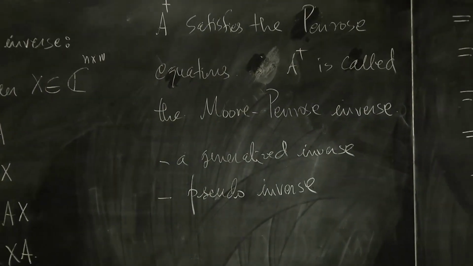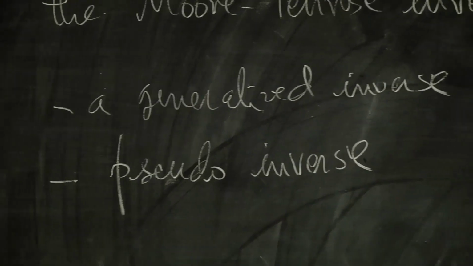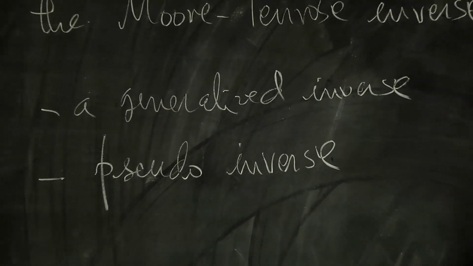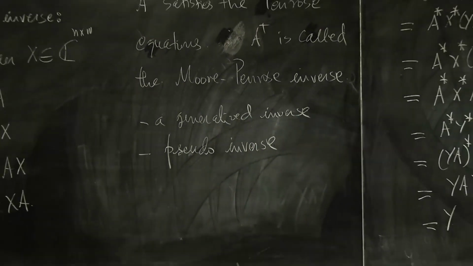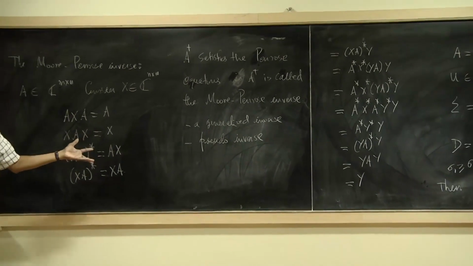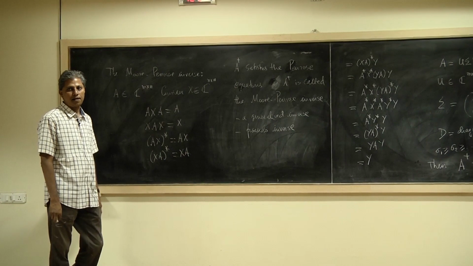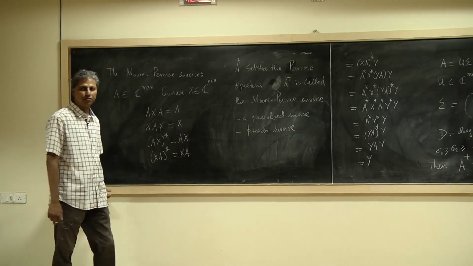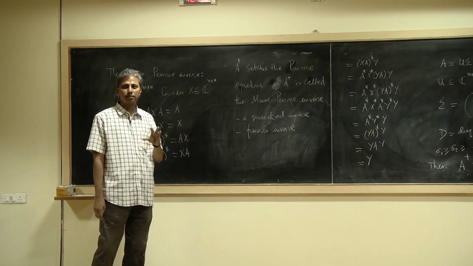Remember that when A is square and invertible, then the inverse trivially satisfies these equations, and so the Moore-Penrose inverse coincides with the usual inverse. So this reduces to the usual inverse when the usual inverse exists, and this is more general because this looks like the usual inverse.